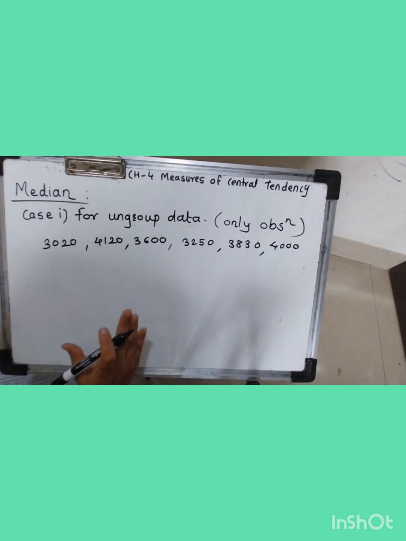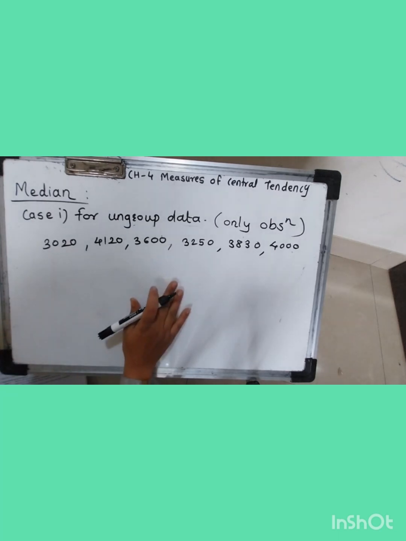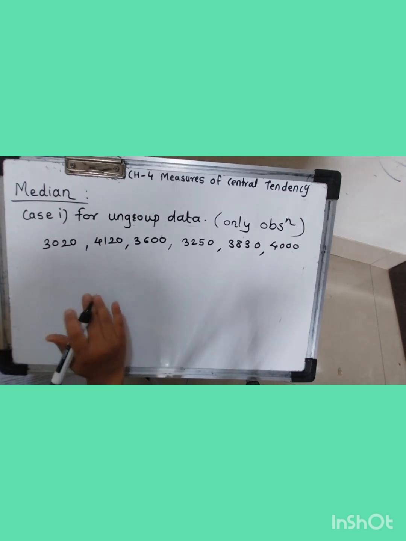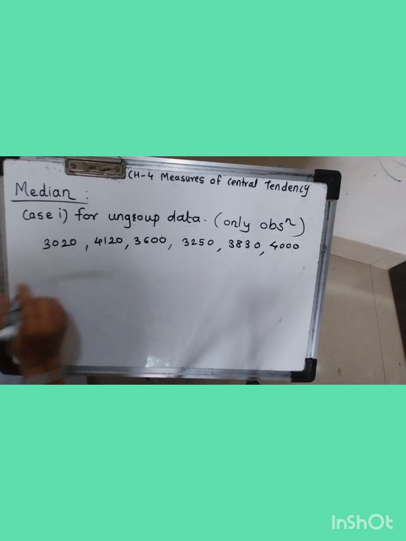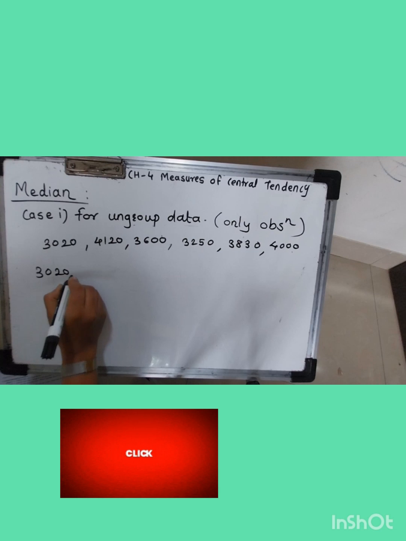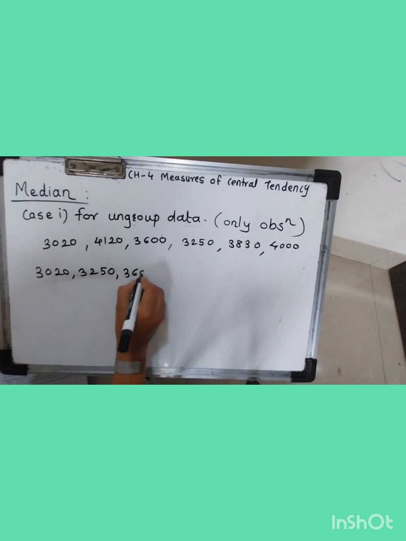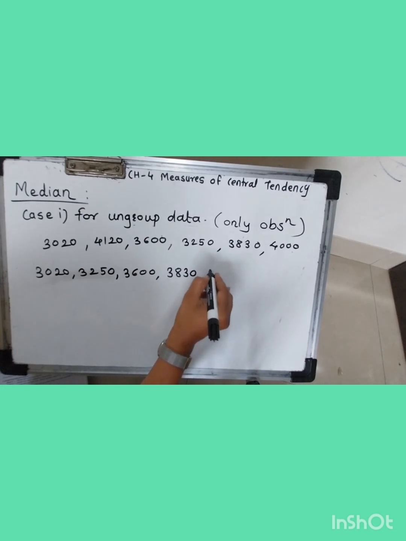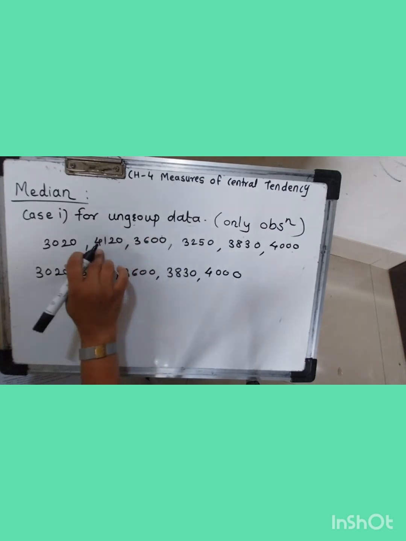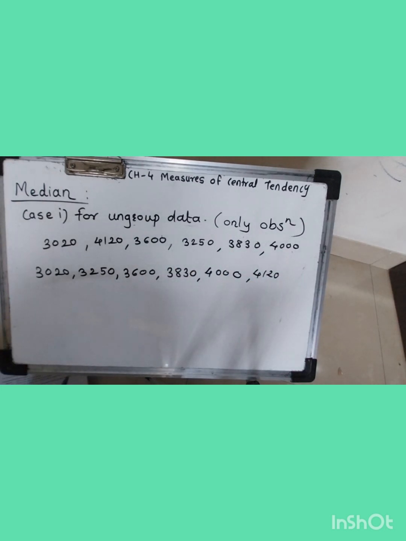This is my example. These are observations, ungrouped data, only observations are there. First, arrange these observations in ascending or descending order: 3020, 3250, 3600, 3830, 4000, 4120.